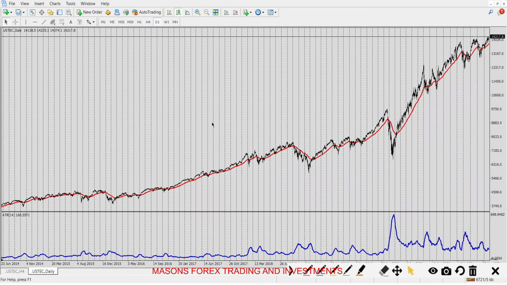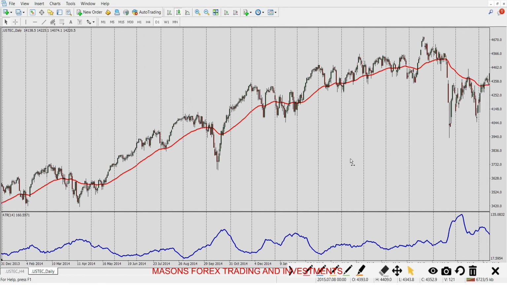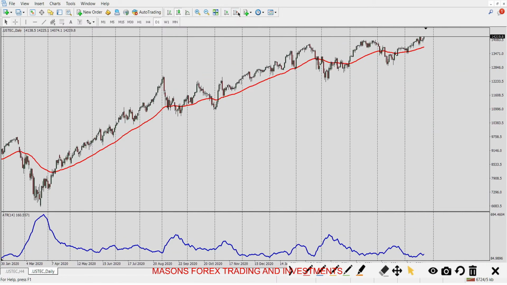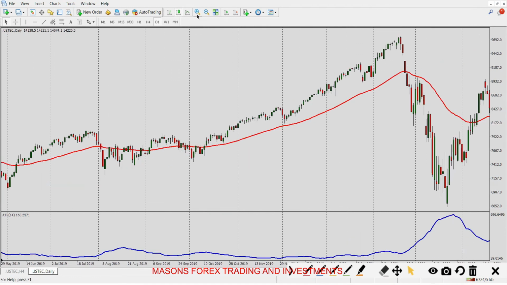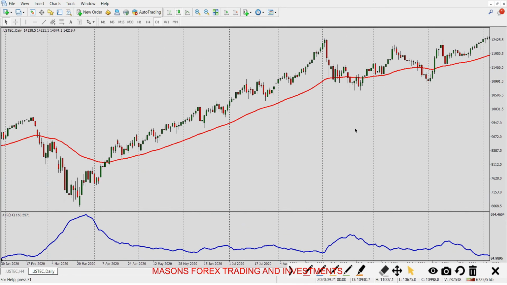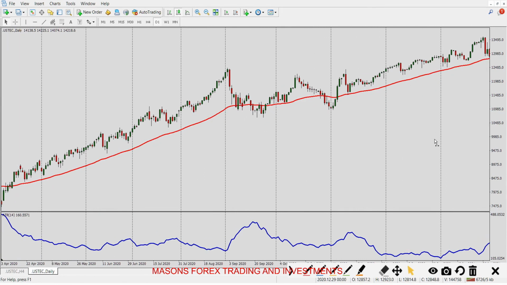If you zoom out, you'll notice that more often than not, price has been above the red moving average. I'm going to use this particular example for illustration purposes.